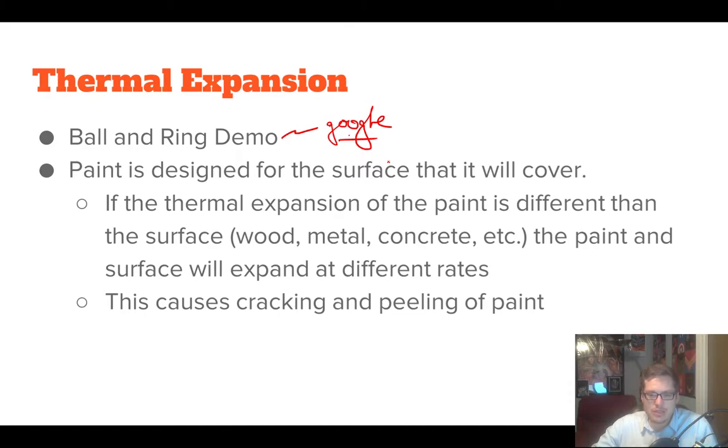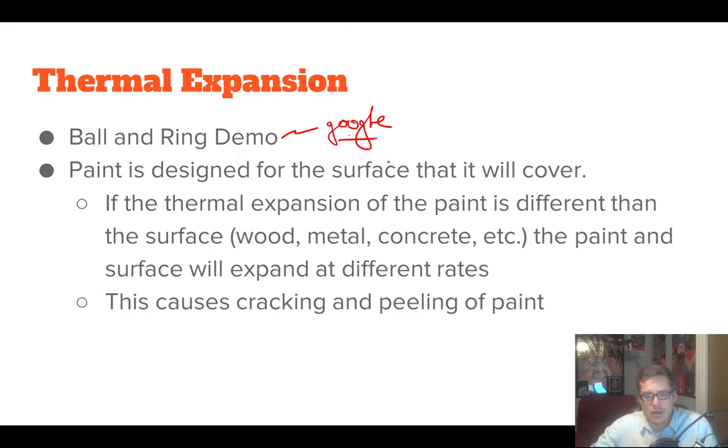So outdoor paint specifically is especially made to go on the siding on your house. The siding on your house will expand and contract as you go to winter versus summer and the changing seasons and so on and so forth. And the paint that you put on that wood also has to be able to expand at the same rate. Otherwise, you'll end up with cracks if they expand or contract at different rates.